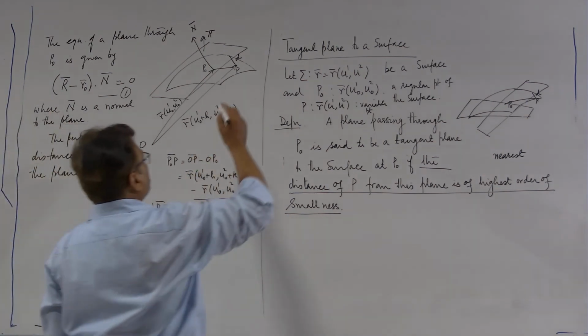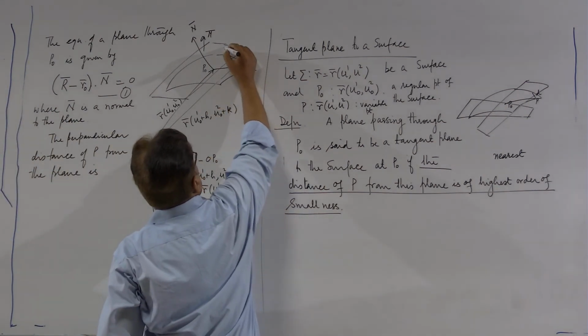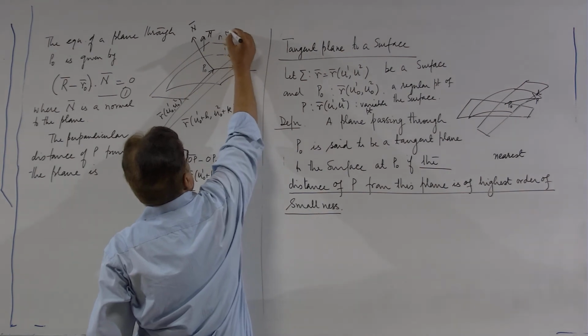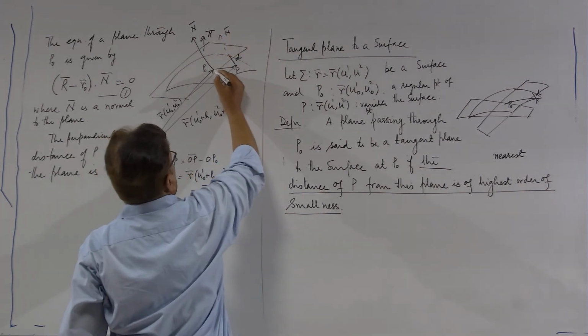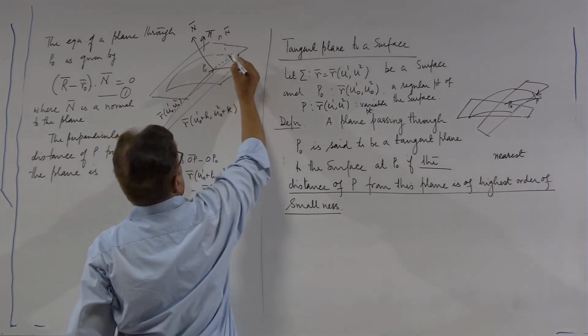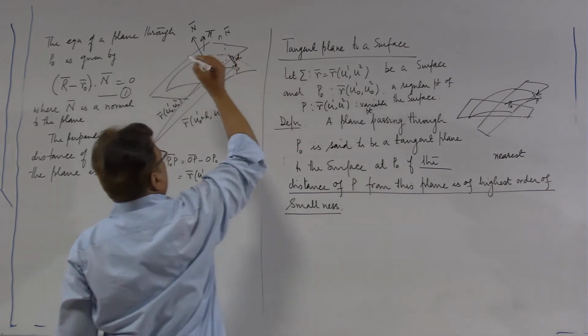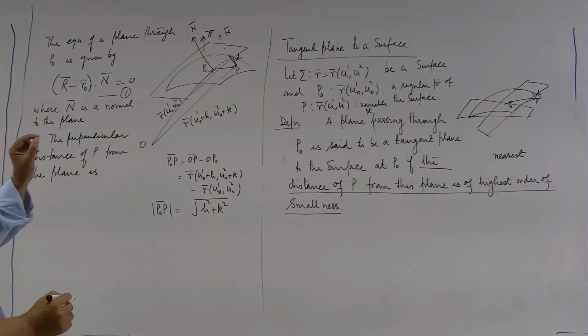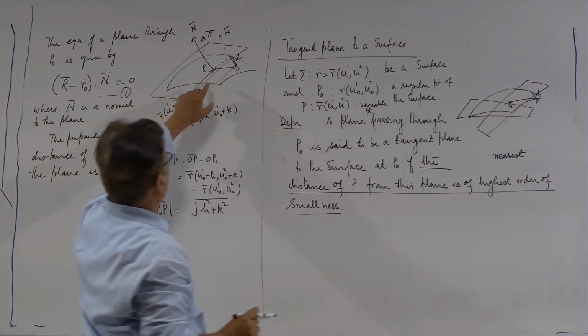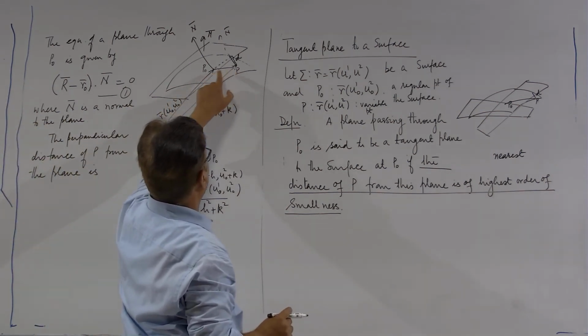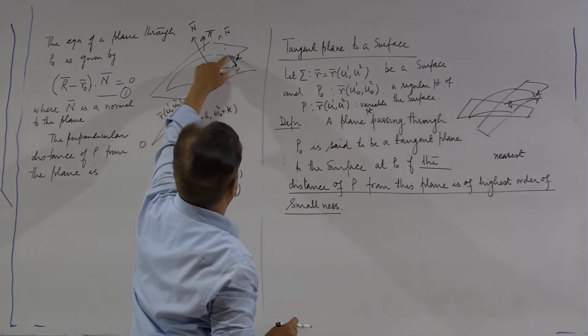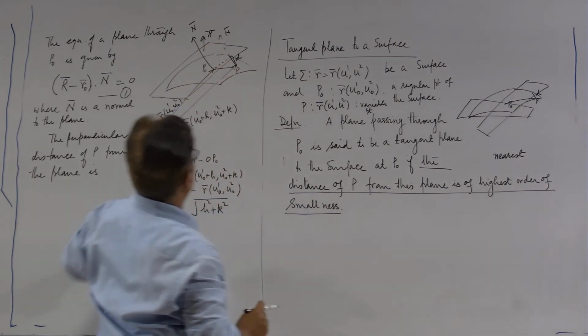You draw your normal n from here, and then drop a perpendicular. The projected point will be somewhere over here, and this will give you the distance d.